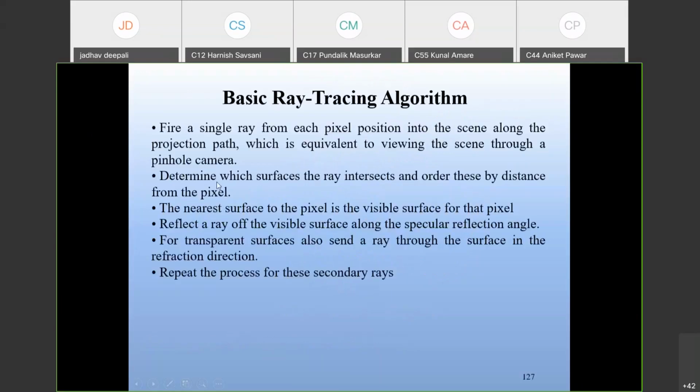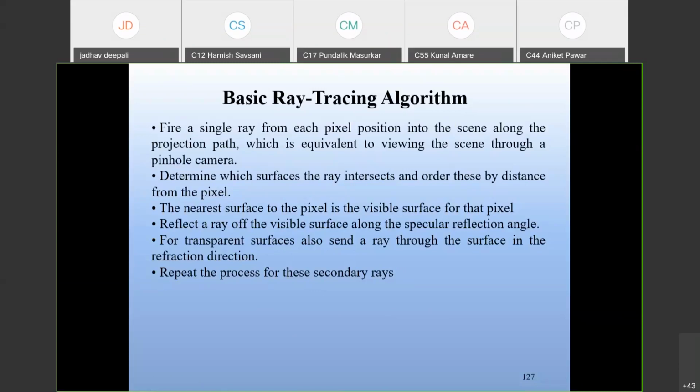Determine which surfaces the ray intersects and order these by distance from the pixel. Means the surface which is near to the pixel is considered first, then next, and the surface which is far away from the particular pixel ray comes at the end.